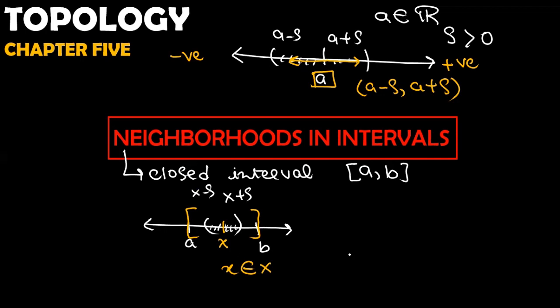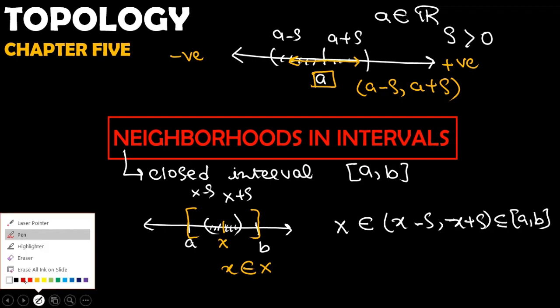I can write it as x belongs to the open interval (x minus delta, x plus delta), which is a subset of [a, b].